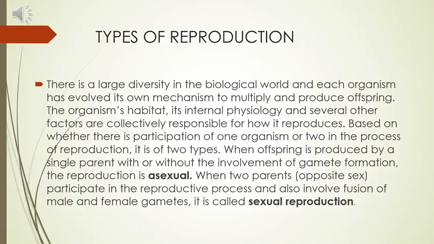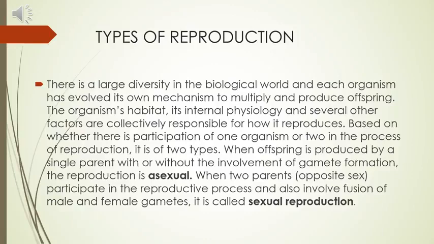I have told you in the previous slide, it depends on a number of factors, for example habitat and internal physiology, and other factors collectively responsible for how the organism is going to reproduce. Based on these factors, there is another thing that is very important for reproduction, and on the basis of that, this process is of two types.